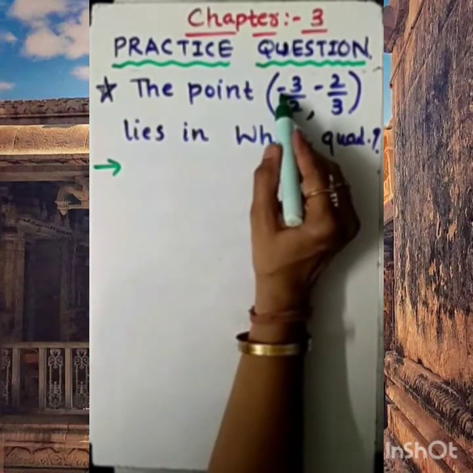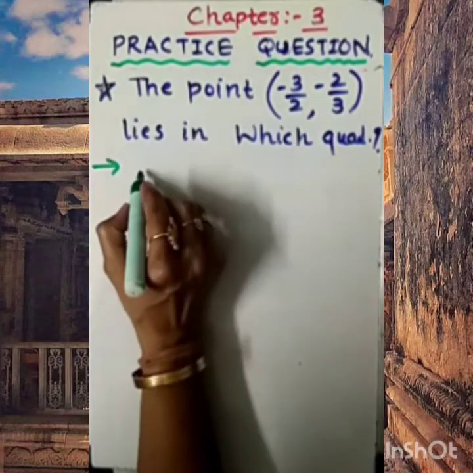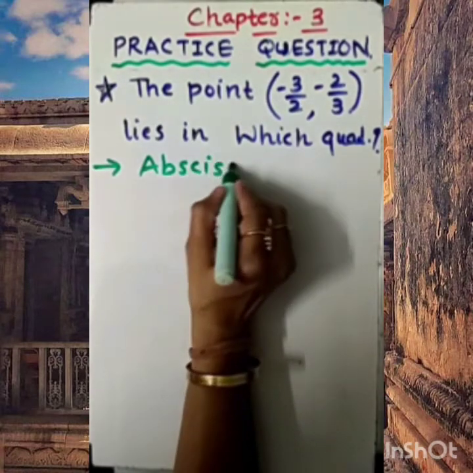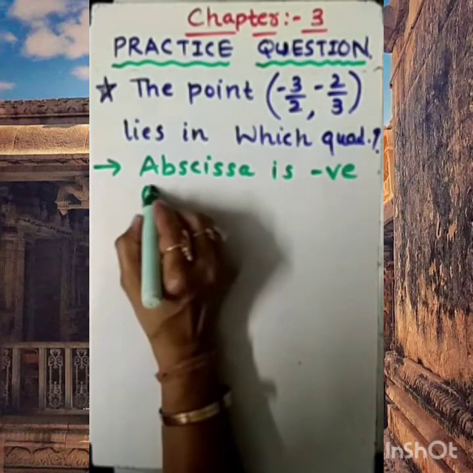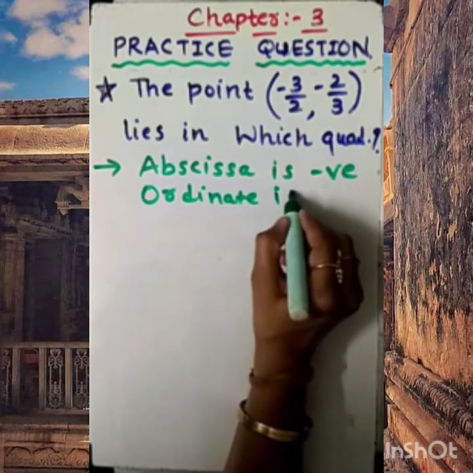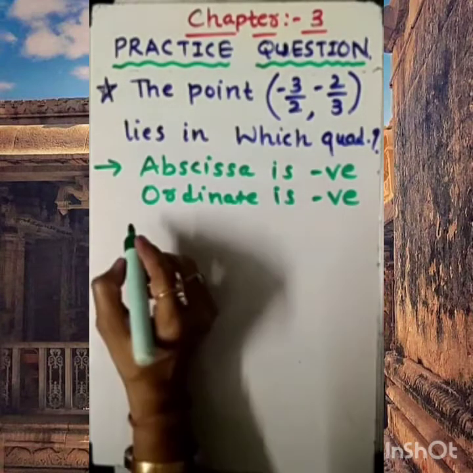Abscissa is negative. Ordinate is also negative. Abscissa is negative, ordinate is also negative.